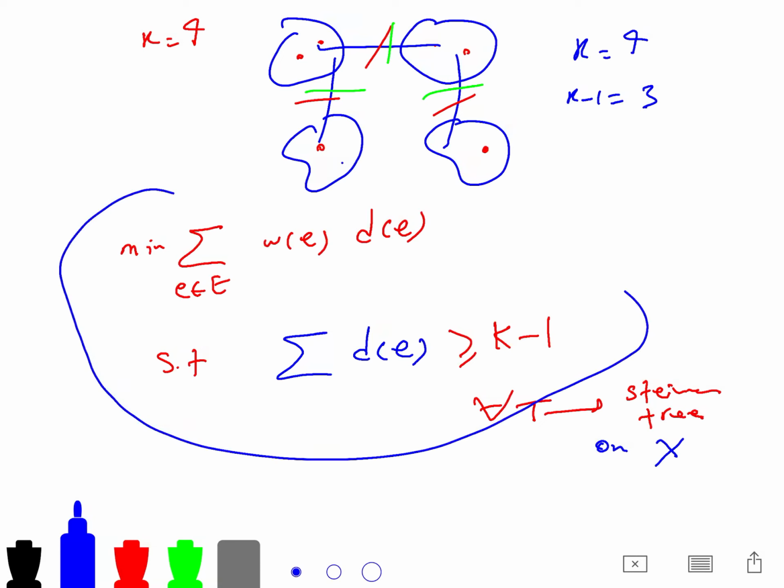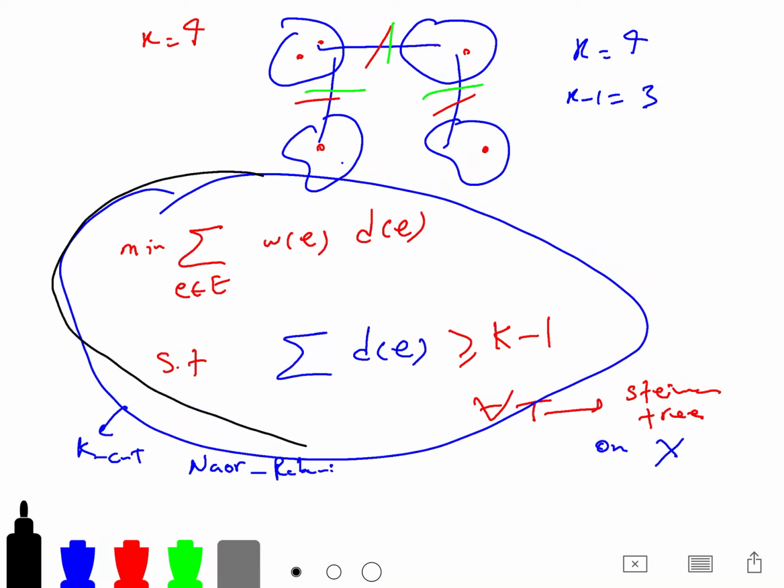So you can think about it as the extension of K-cut of Naor and Rabani. They use only spanning trees, not Steiner trees, and they provided a polynomial algorithm. But this problem in general is NP-hard, because we are talking about Steiner trees. So the easiest thing that comes to your mind could be just to use spanning trees, because we understand them and we have a polynomial algorithm for that.